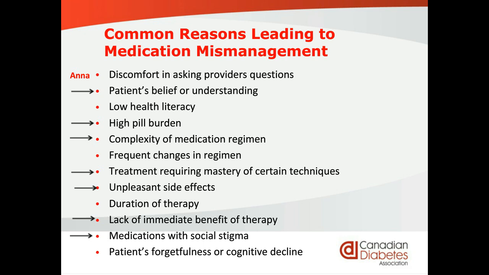She didn't know how to use the COPD puffers, the 2 puffers, and each one of them requires a different way of using them. And she felt some unpleasant side effect, like she took her diabetes medication and she felt dizzy one morning. And for her antidepressant, she didn't feel the immediate benefit, and she didn't really want to take it because it has a social stigma to it.